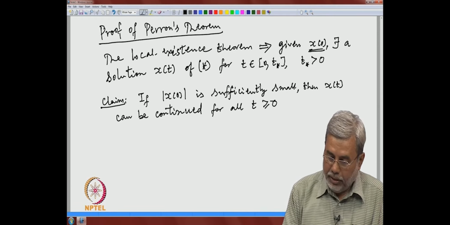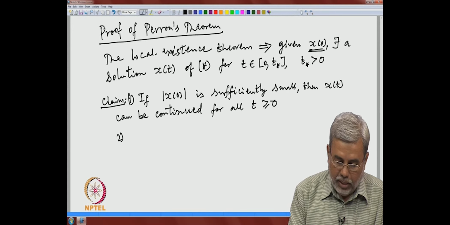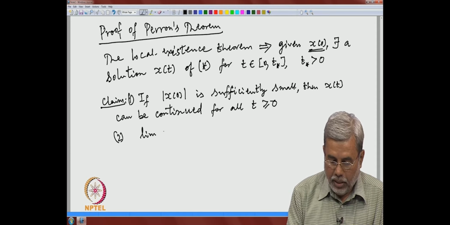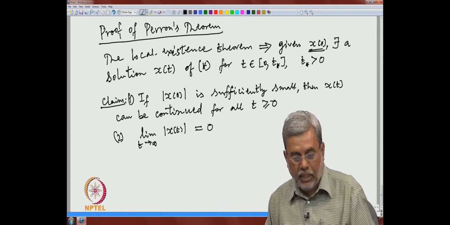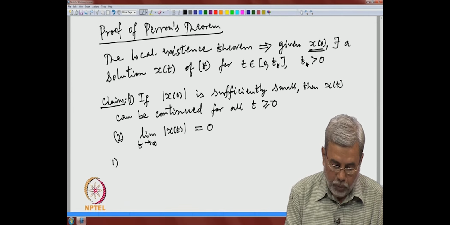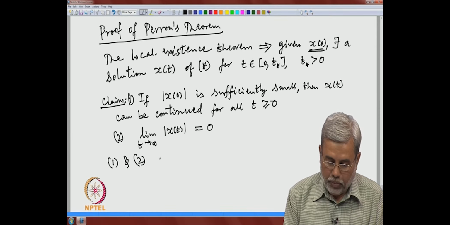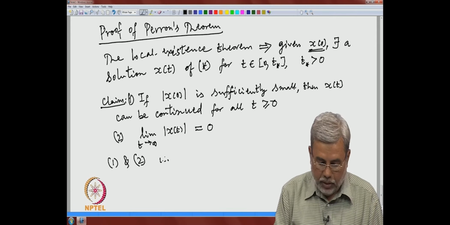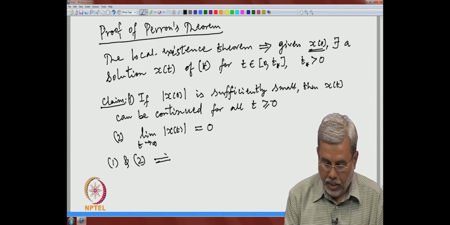And then, so this is 1, and then 2: the limit of x(t) as t tends to infinity equal to 0. So, both these things prove the result. So, 1 and 2 imply the theorem.